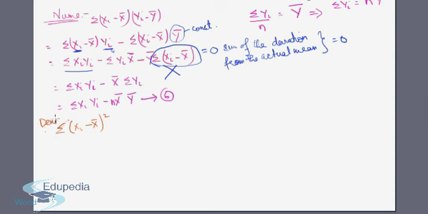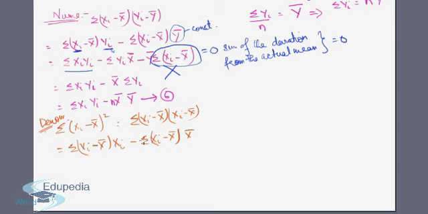The denominator. So this can be written as summation xi minus x bar multiplied by xi minus x bar, and I'll do the same thing here. I'll take the first term, multiply it with xi first, and then minus x bar times this. So I'll have summation xi minus x bar multiplied by xi minus summation xi minus x bar times x bar.